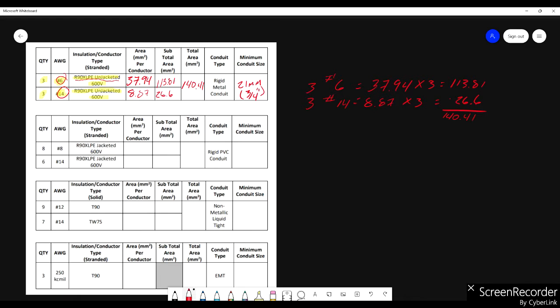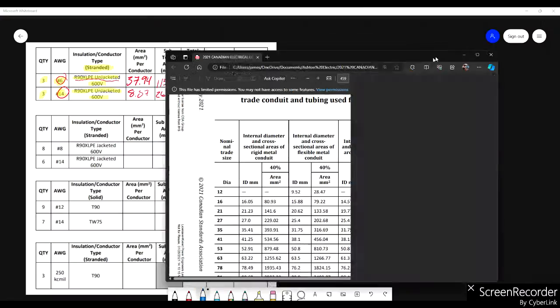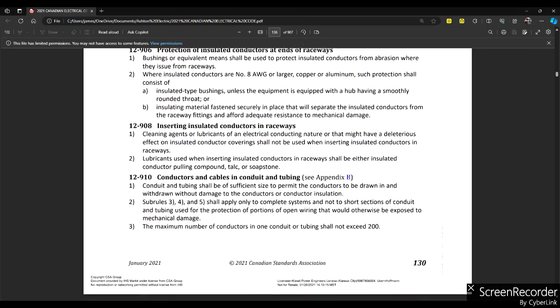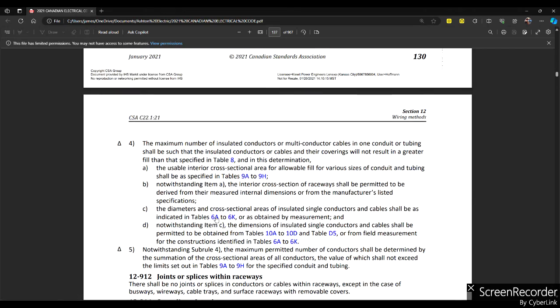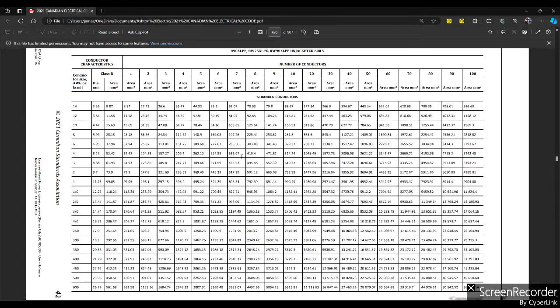The other thing I should mention too is what you should be paying attention to is whether the conductor is stranded or solid. And they actually do have two different values. So I should show you. Let's come back here. If I go back to the table 6s, you'll see right here stranded conductors.